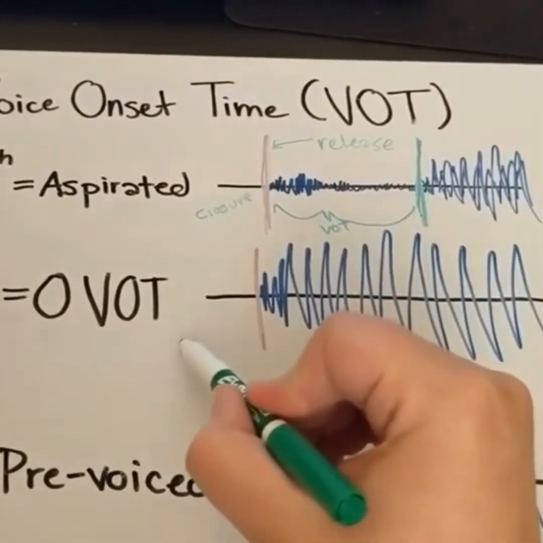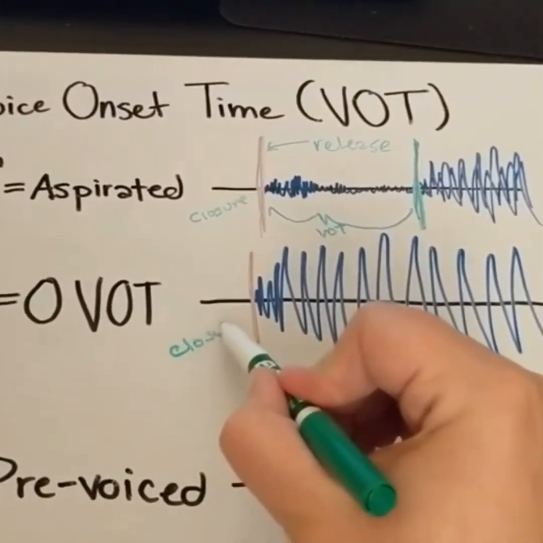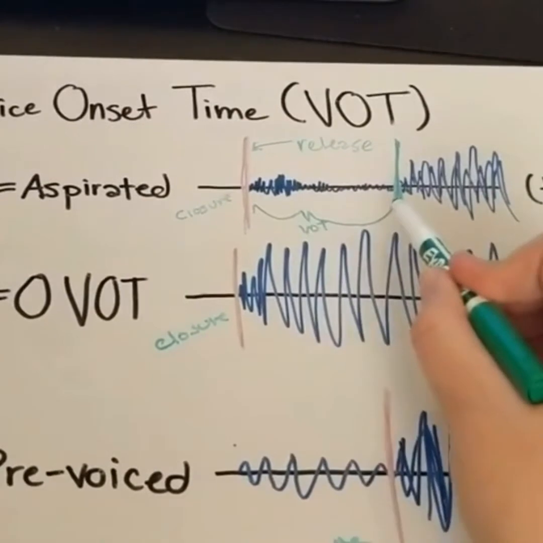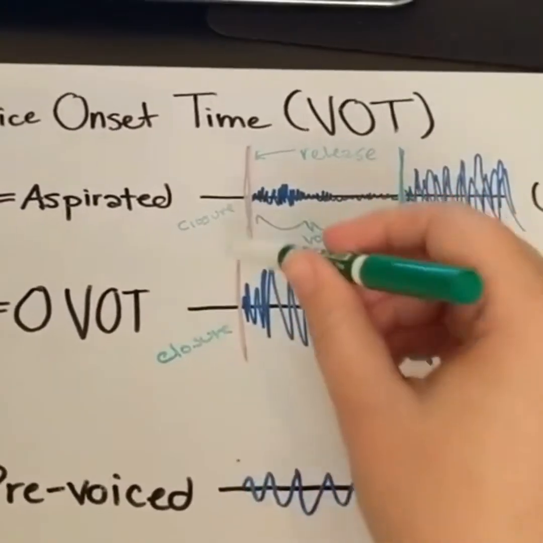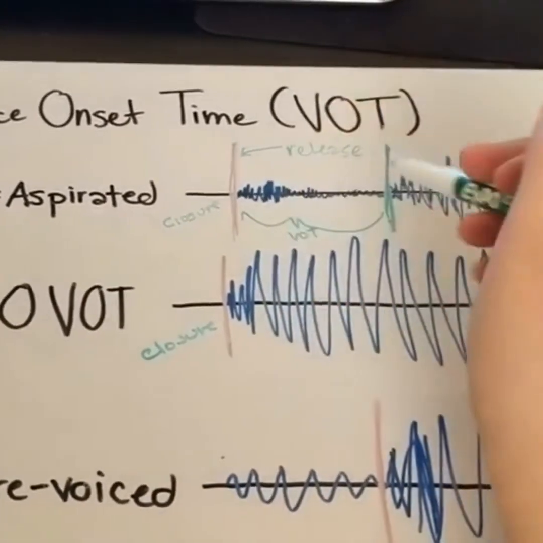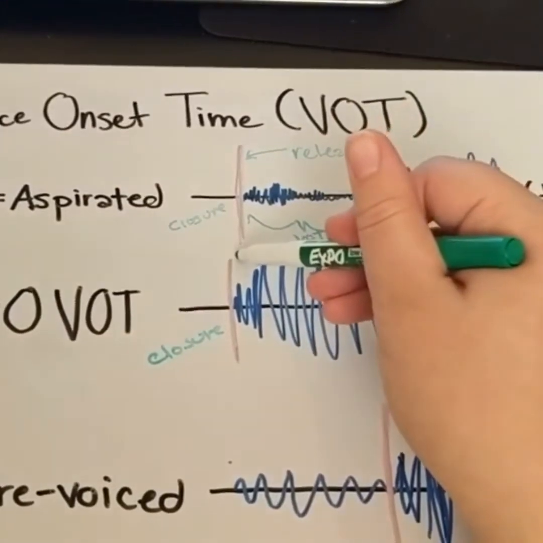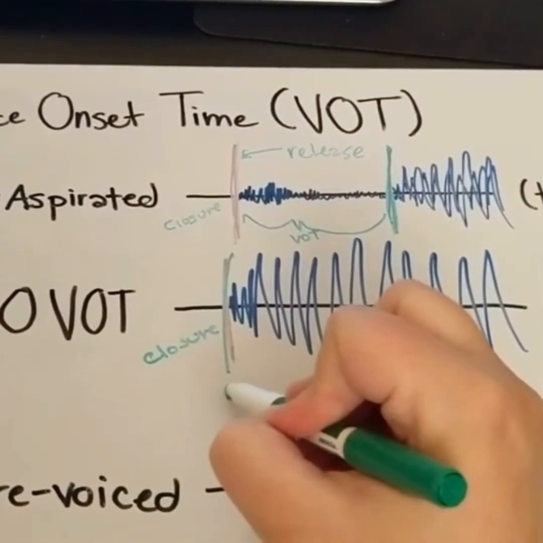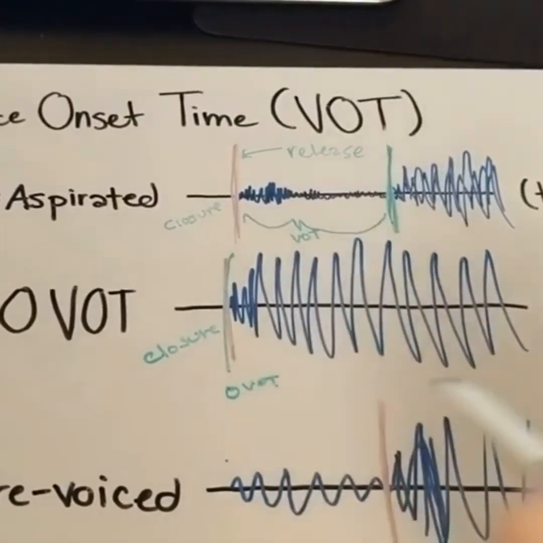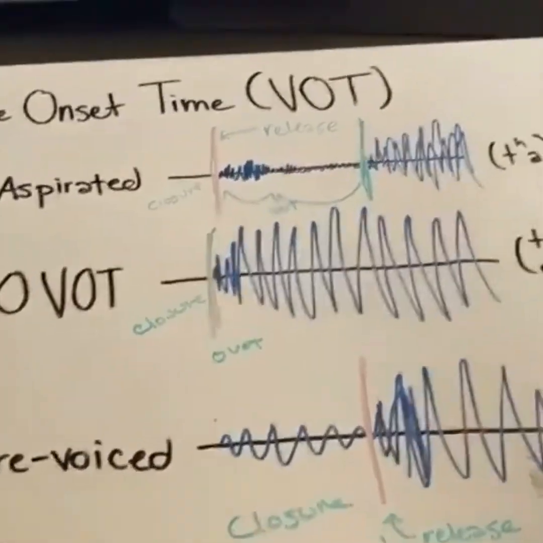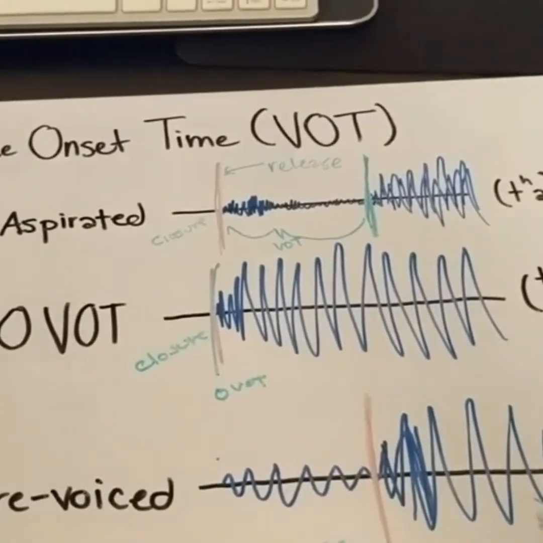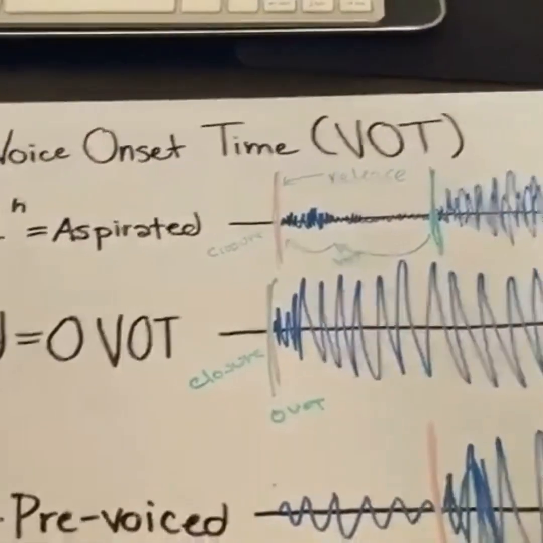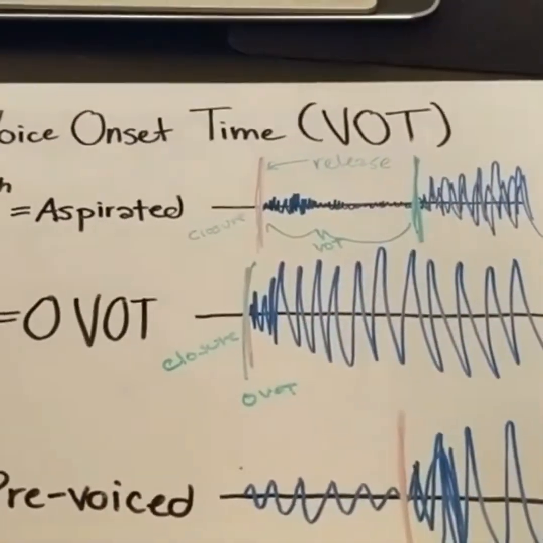So you can see here's the closure, but we've got none of the hissy stuff. So our closure and our release and the voice onset are all together right there, and so it's a 0 VOT. And a 0 VOT is usually a D, but it can be a T depending on the language and how that language is treating it.